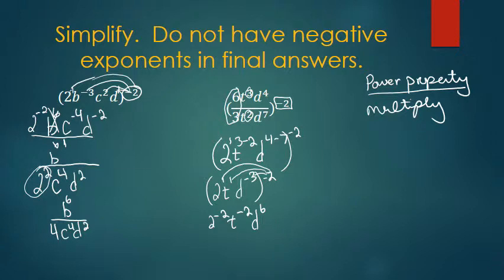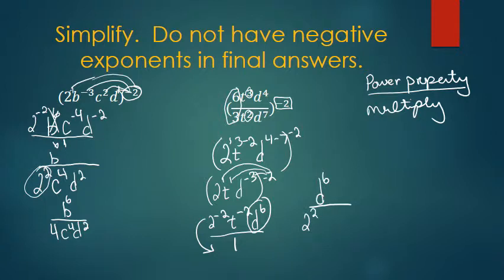So I'm going to go ahead and put this all over 1. And now I'm going to draw my line and place everything with a positive exponent. So d to the 6 is the only positive exponent I have, so I'm going to place that, d to the 6. And then the 2 to the negative 2 has to move down, so I get 2 squared.